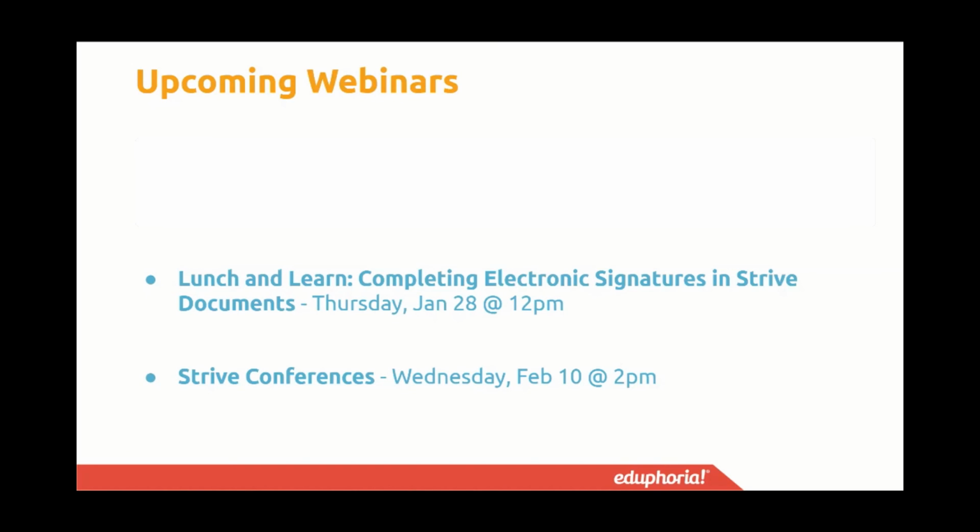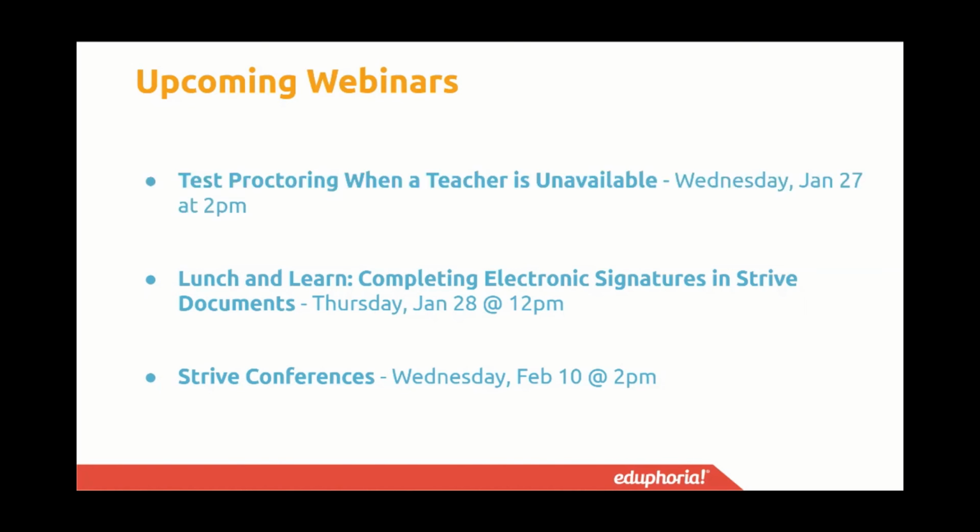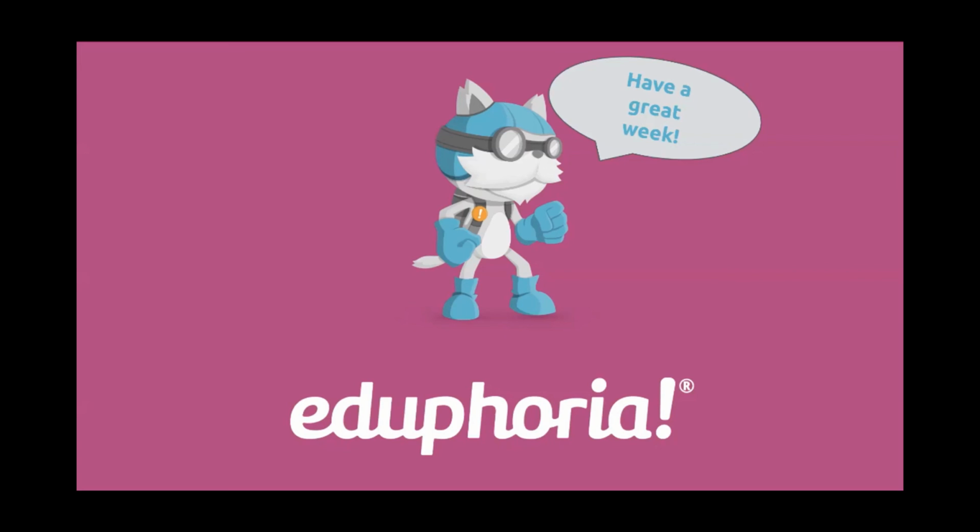And then in February, we are going to have another Wednesday webinar for Strive conferences. So this is going to be a nice new update, getting some information out to you guys on some great product releases. So these are things that are up and coming for you to look forward to. We hope to see you back at one or more of these events. And that wraps us up today.